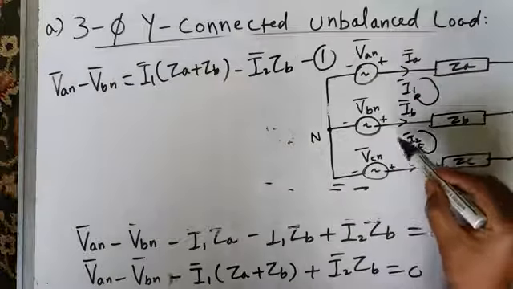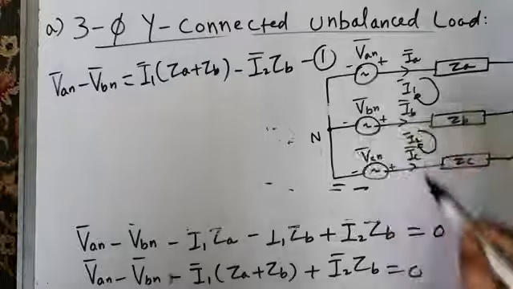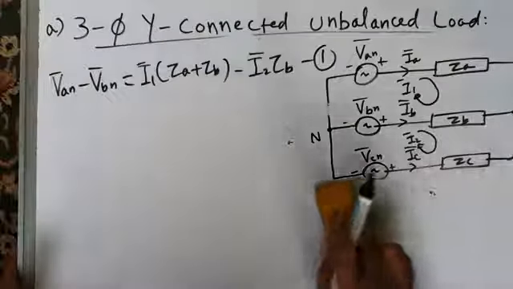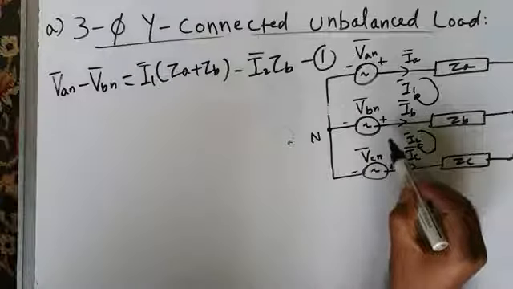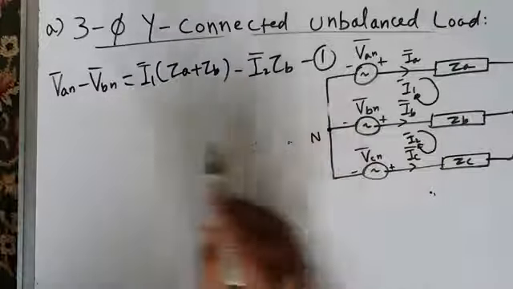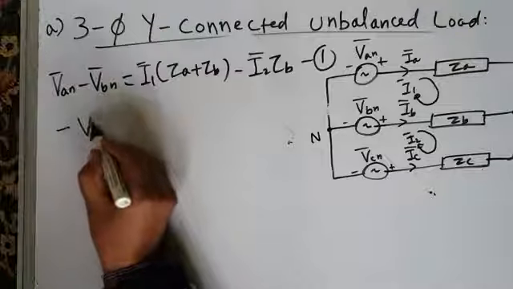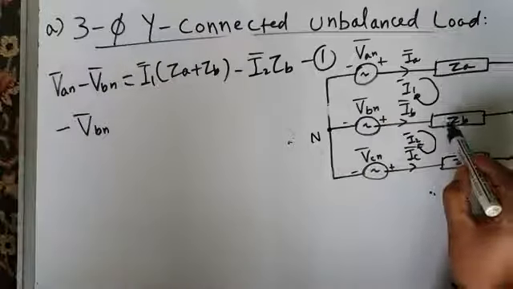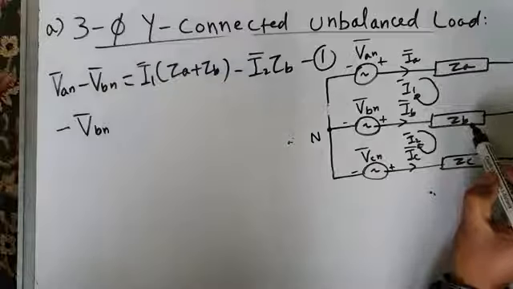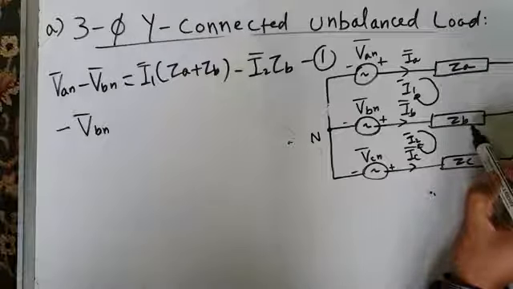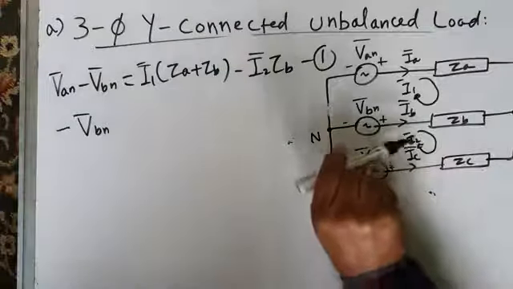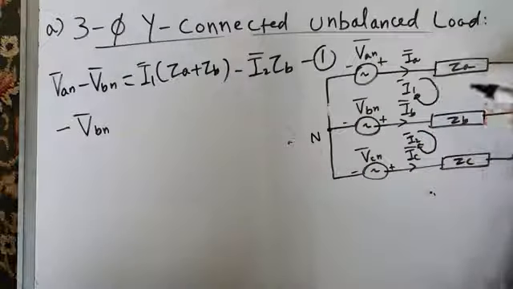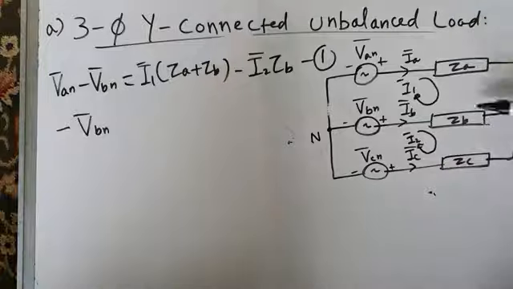Now similarly, let me apply KVL in this mesh and solve this mesh in terms of mesh currents. By applying KVL in this mesh, I will start from here. So I will get minus VBN, then move in this direction. What is the voltage drop across this load impedance in terms of mesh currents? Mesh current I2 is flowing through it in this direction, but mesh current I1 is flowing in the opposite direction.